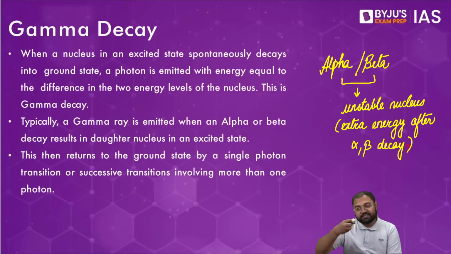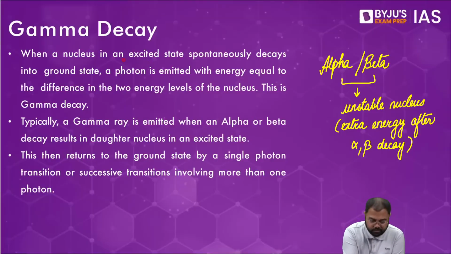That extra energy is lost by the nucleus so that it can settle down into its ground state, its stable state. That extra energy comes out as gamma rays or gamma radiation, and that's why it is called gamma decay.